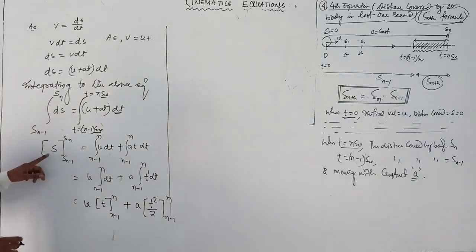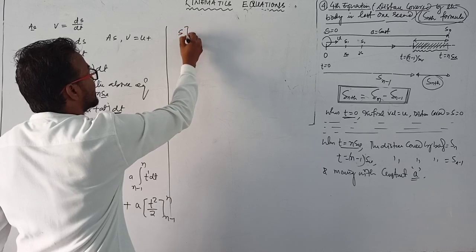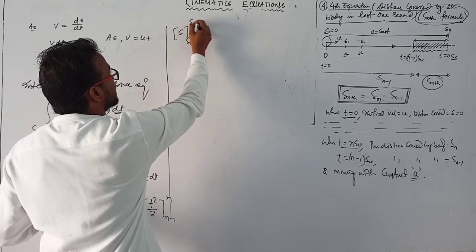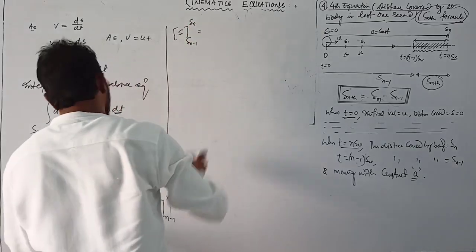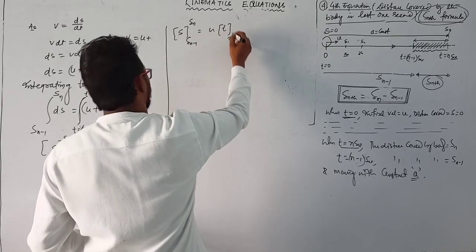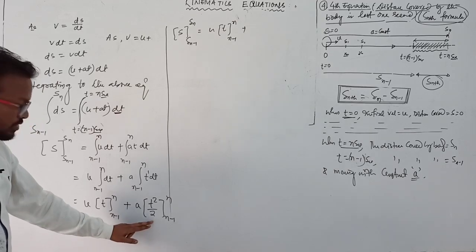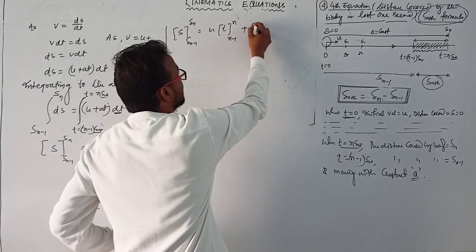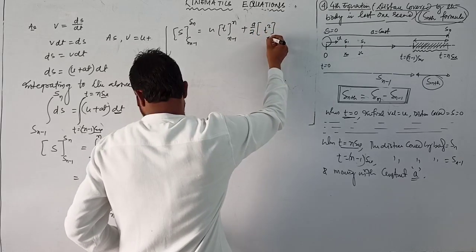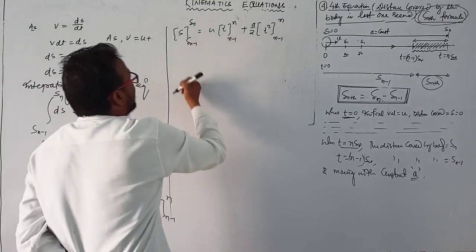Now solve this relation. Here Sn minus Sn minus 1 equal to u times t from n minus 1 to n, plus a by 2 times t square from n minus 1 to n. Now use the upper limit and lower limit.